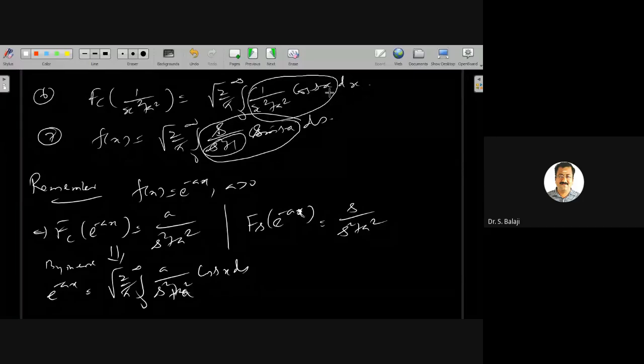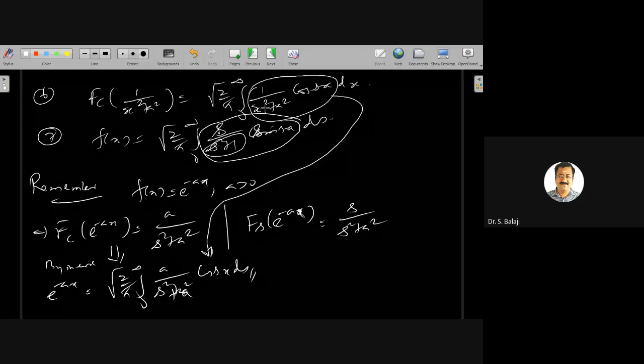This integral is similar to the earlier one, but instead of s, x is present, and instead of x, s is there.